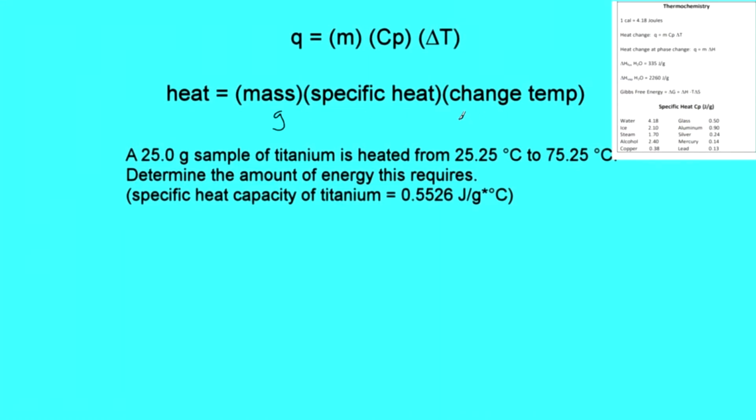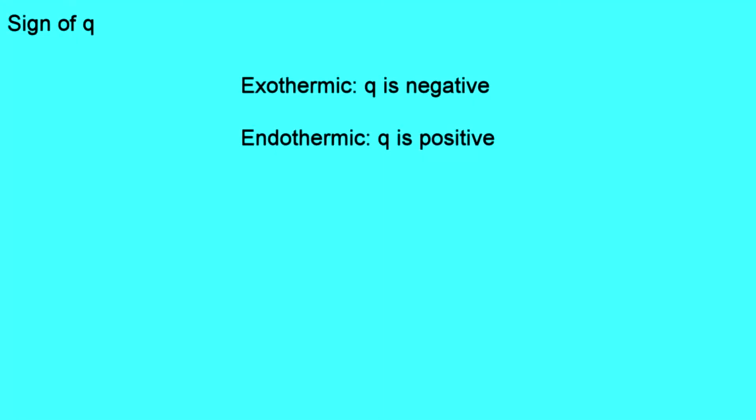Temperature change. The way we do temperature change, it's always the final minus initial temperature. That's how temperature changes go, because it depends on whether this is a negative or positive number, it's going to affect whether Q is negative or positive. That's going to determine if your reaction is exothermic or endothermic.